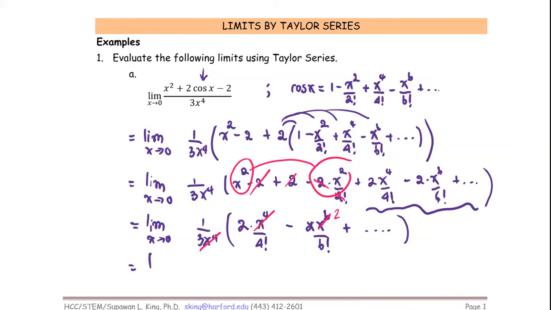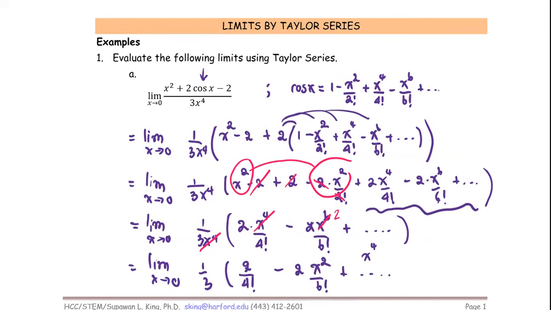Now, the limit is simplified further to be 1 over 3 multiplied by 2 divided by 4 factorial, minus 2 times x to the second over 6 factorial plus and so forth. The later terms are going to have a power of x in some form.